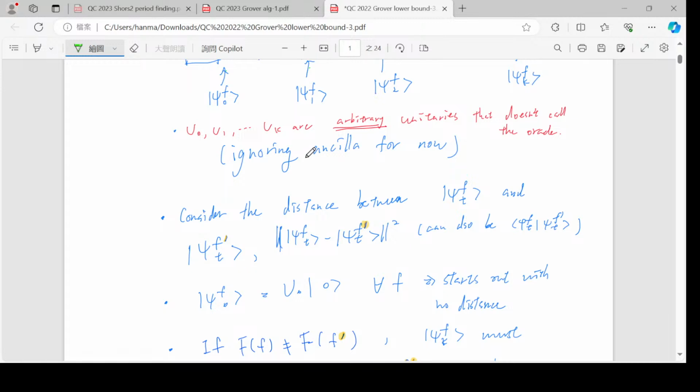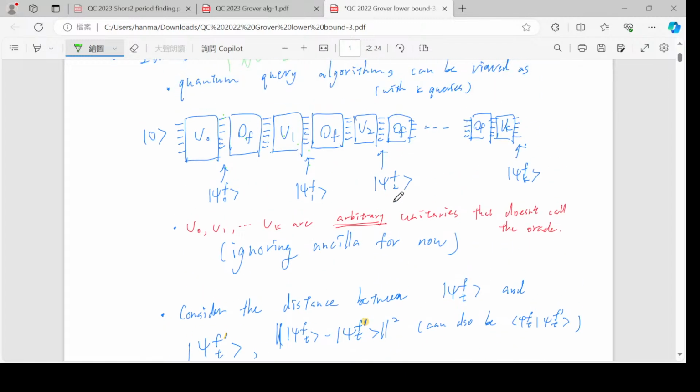There are multiple distances you can choose, and the distance we choose here is a kind of funny distance: the norm squared of those two vectors. So we have f and f prime, and we care about the distance between psi ft and psi f prime t at some time step t.